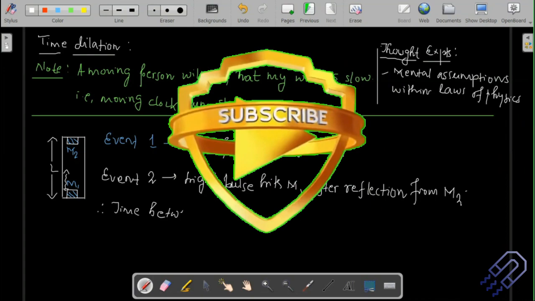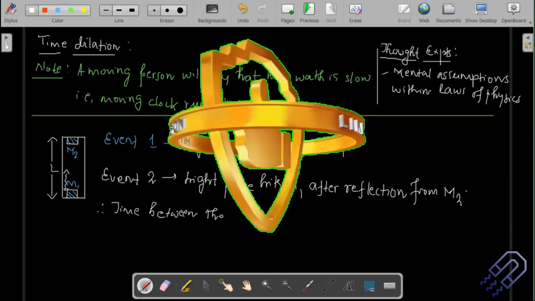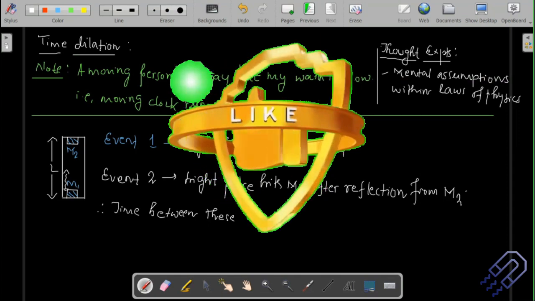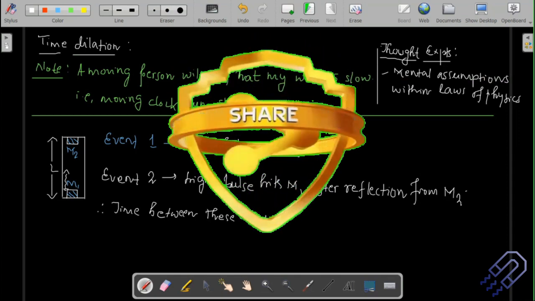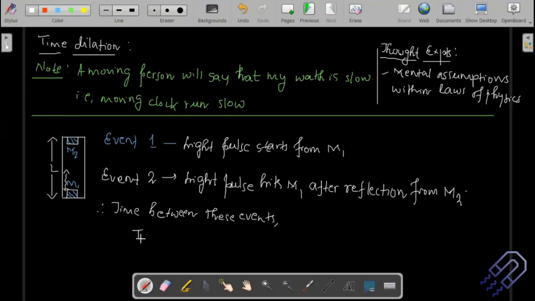So, the time between these events. What are those events? If I want to measure the time, I have to know the total distance.